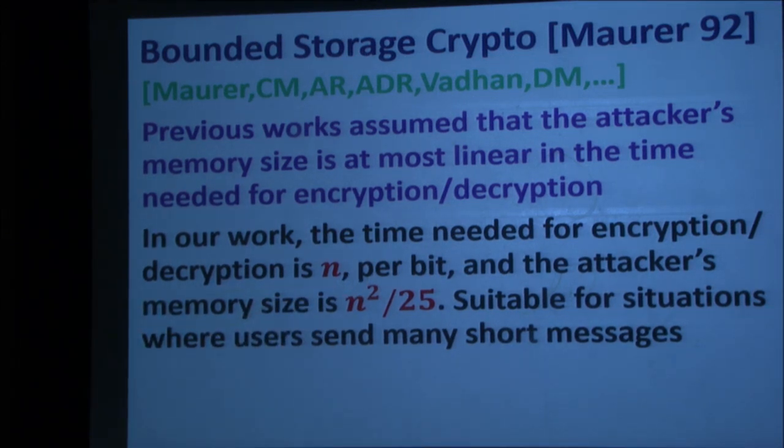So if you want to encrypt messages of length n, this gives no advantage over previous works. So it's more suitable for cases where you want to encrypt many short messages without keeping track of what you used and what you didn't. Or maybe there are many users that want to encrypt many short messages. So this is one thing.